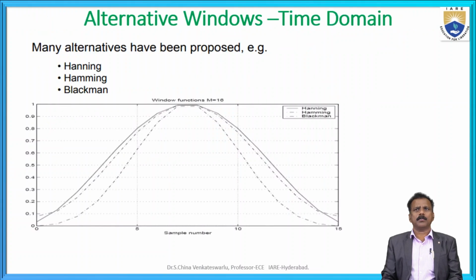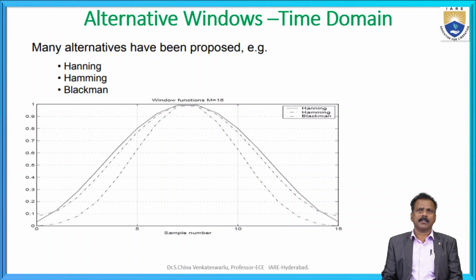So, alternative windows in the time domain. Many alternatives have been proposed. The best examples are Hamming, Hanning and Blackman, here with m equal to 10 or 16.